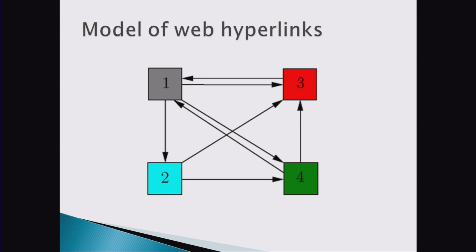And these arrows are, if website 1 has a hyperlink to website 2, then you can see that arrow. Does 2 have a hyperlink to 1? It doesn't have. So let's consider the small universe of only 4 websites, and each hyperlink is an arrow, right?